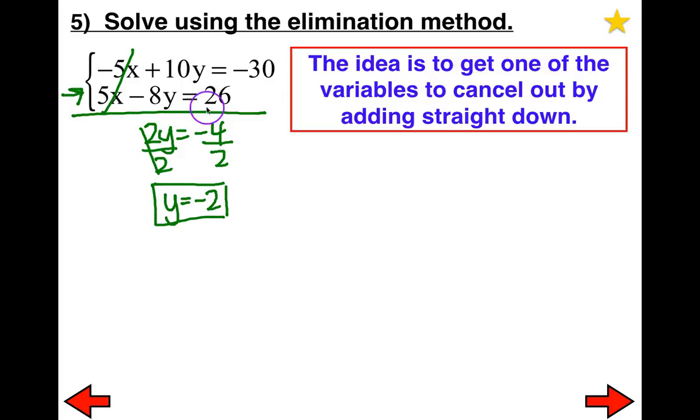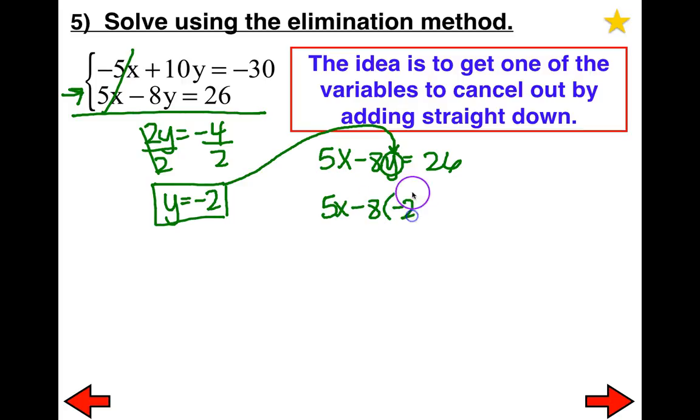Okay, so now that we have what y is, we're going to go ahead and plug it into one of these. I'm going to go ahead and plug it into the second one. So I have a 5x minus 8y equals 26. I'm going to go ahead and take this value and plug it in for just the y. So I have 5x minus 8 times negative 2 equals 26.